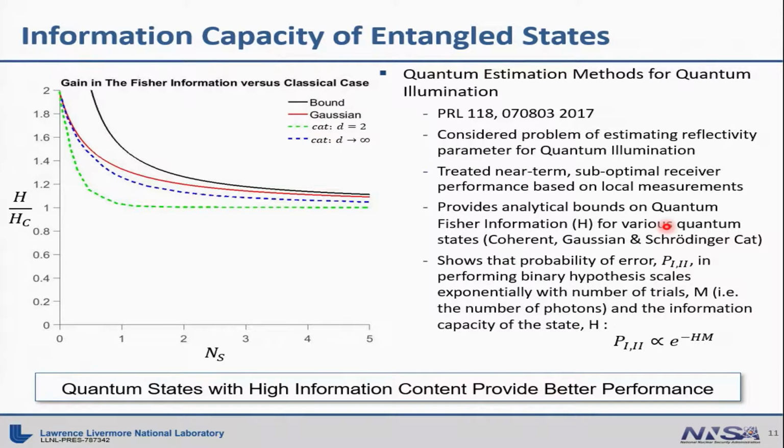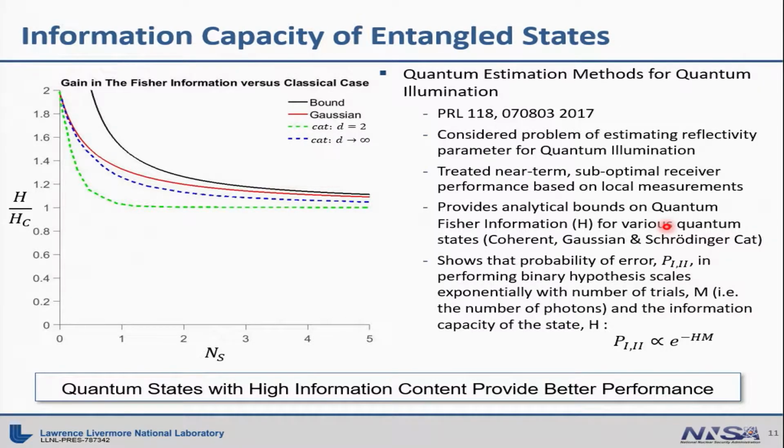They're essentially estimating the reflectivity of a target in a thermal background environment. They examined how you can actually estimate those parameters using entangled states of light, specifically for the quantum illumination problem. They treated a near-term suboptimal receiver design that allows you to do that using only local measurements.